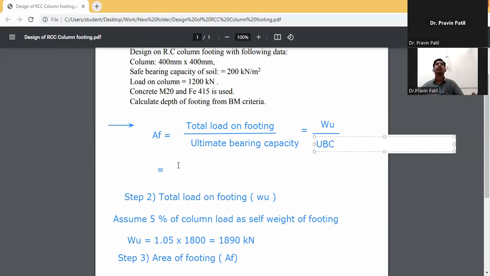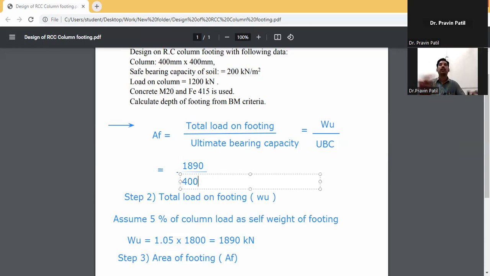So AF is 1890 kilonewton divided by UBC, it is 400 kilonewton per meter square. You get the area of footing: 1890 divided by 400 will be 4.725 meter square. This one is area of footing.